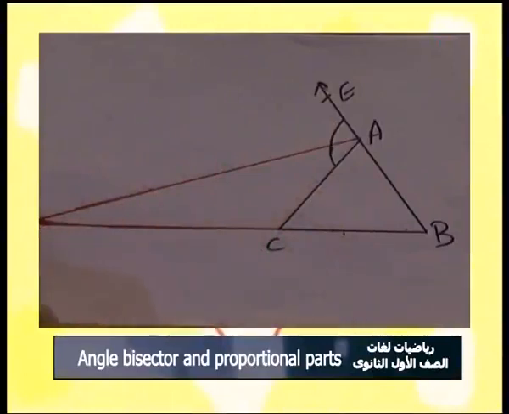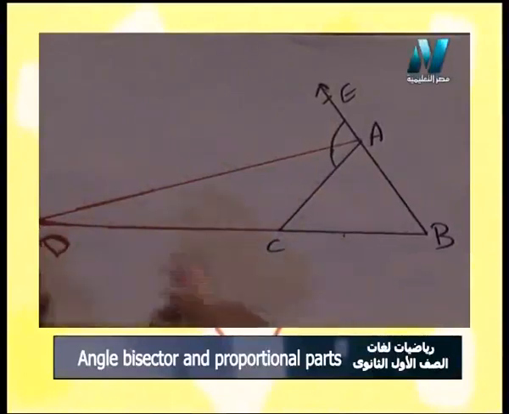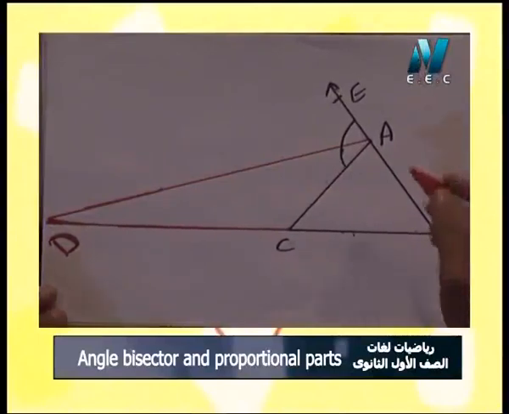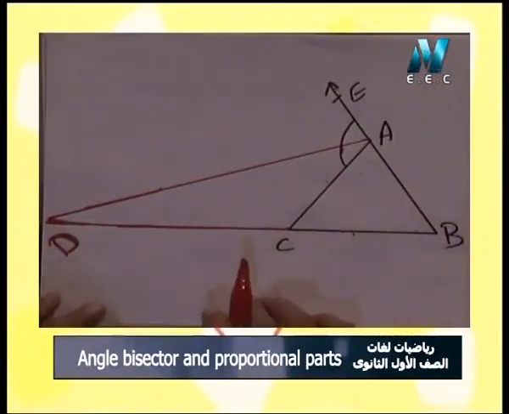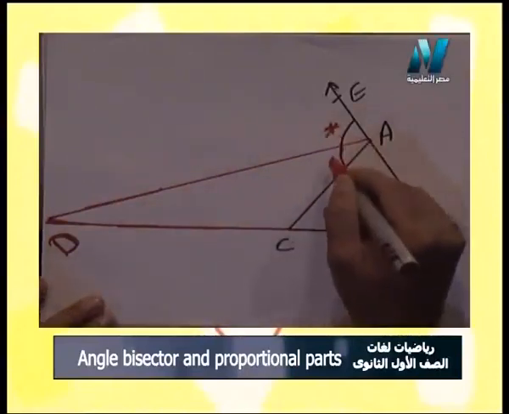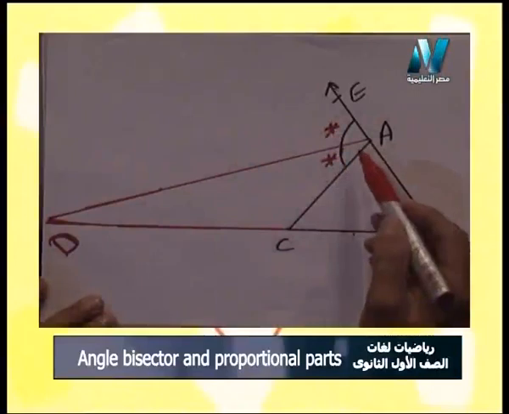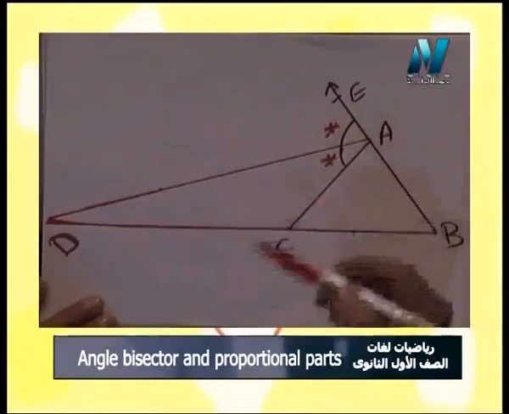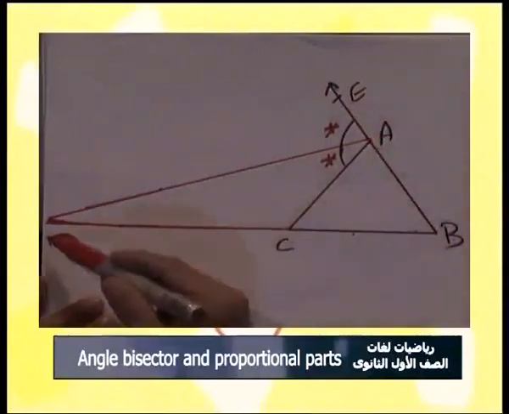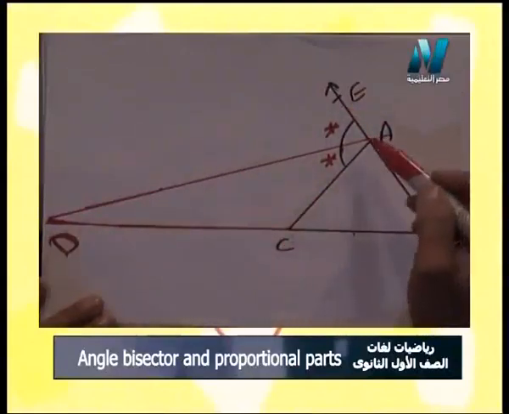We have here the point D. We have a triangle ABC, and we have also AD is a bisector of the exterior angle CAE. So we have the measure angle EAD equals the measure angle CAD.